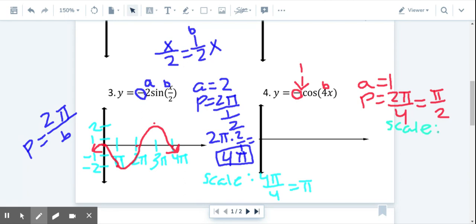So my scale is pi over 2 over 4. Now pi over 2 divided by 4 is the same thing as pi over 2 times 1/4, which equals pi over 8. All right. 1, 2, 3, 4. So we're going to start with pi over 8.